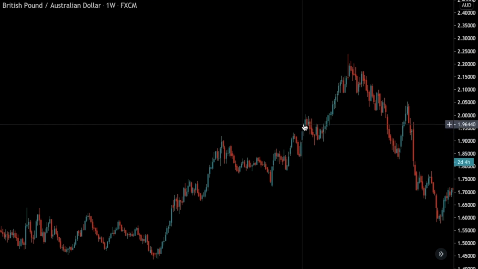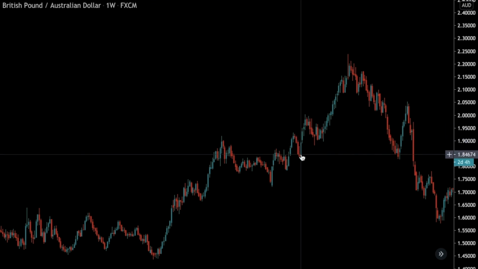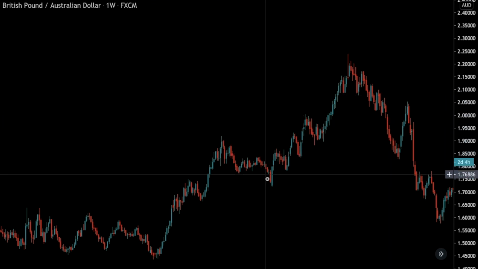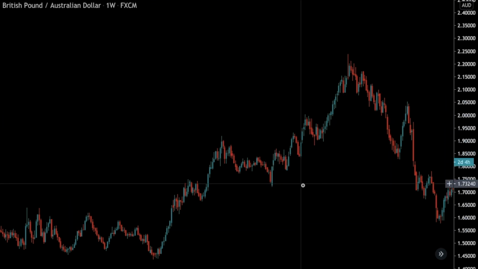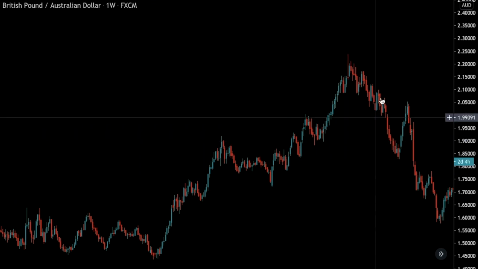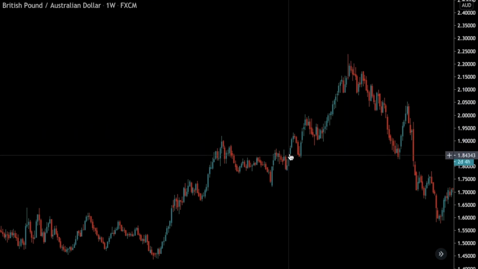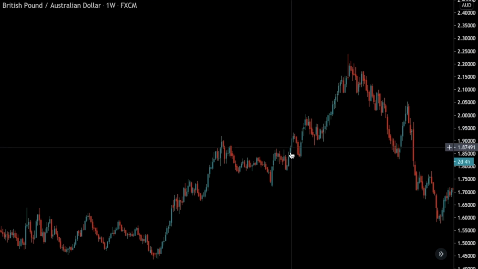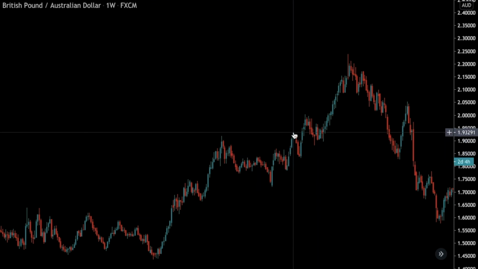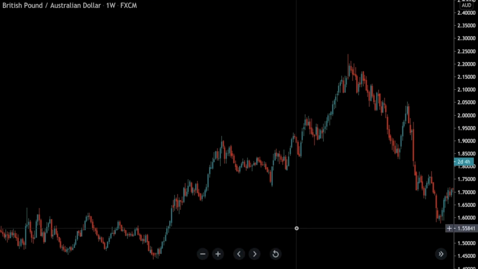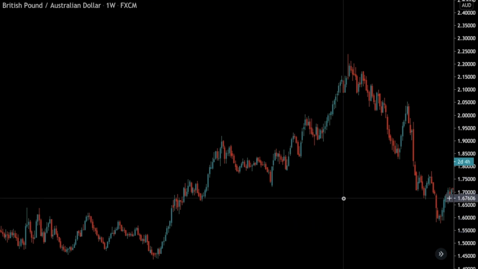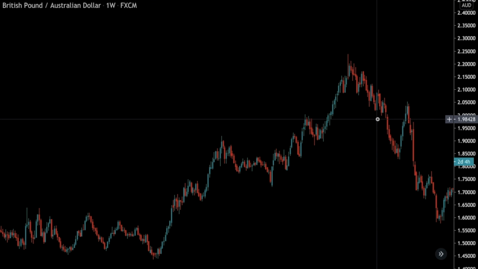Within these runs and pullbacks, the 1 hour chart will have its own trend with runs and pullbacks within a single run. So let's say from this run, from this low to this high, on a 1 hour chart, that would be a trend in its own, with its own runs and pullbacks.